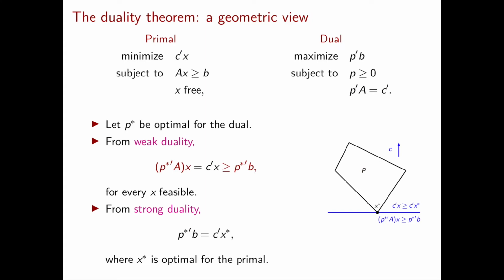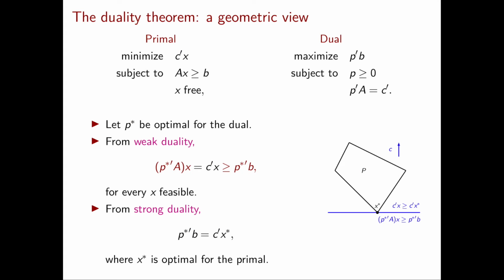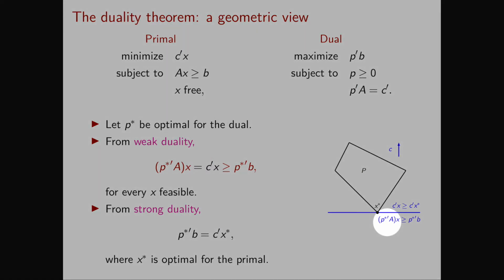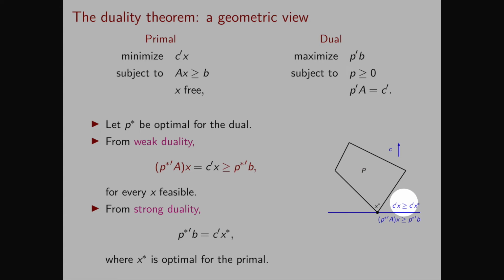Now with the same argument we can use strong duality and obtain that p star transpose b is equal to c transpose x star, where now p star is not only feasible for the dual but also optimal. This implies that the inequality for the primal problem obtained using p star, which is p star transpose A times x greater than or equal to p star transpose b, exactly coincides with the inequality c transpose x greater than or equal to c transpose x star.